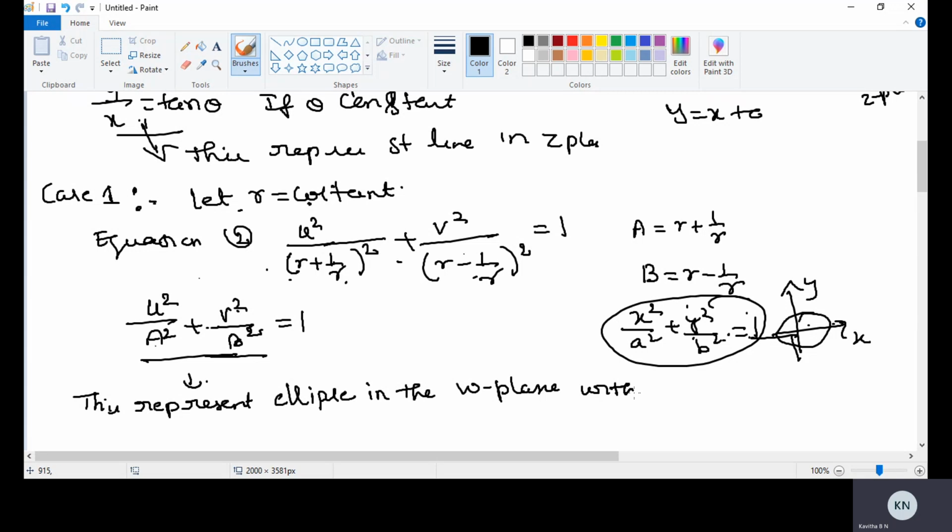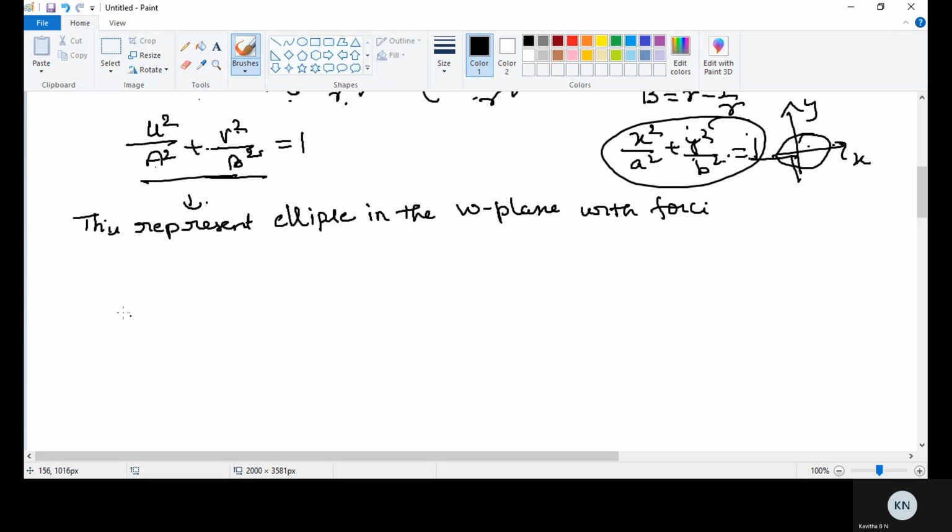With the foci plus or minus square root of a square minus b square comma 0.